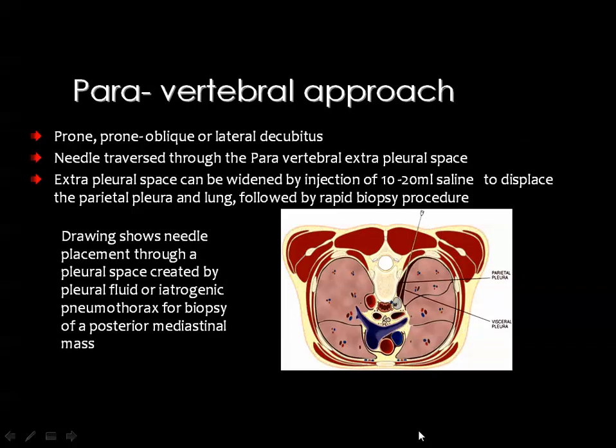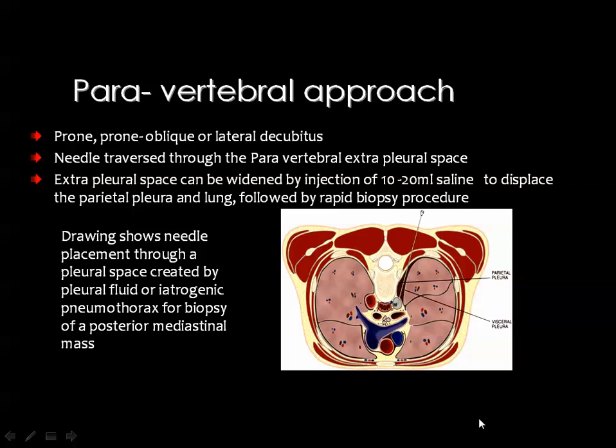Then the paravertebral approach, usually you insert your needle as much as you can, very close to the spine, in order not to pass through the pulmonary parenchyma itself. Many times you have the costovertebral junction, and osteophytes protruding from the vertebral body, which may obstruct your needle pathway to the site of the lesion.